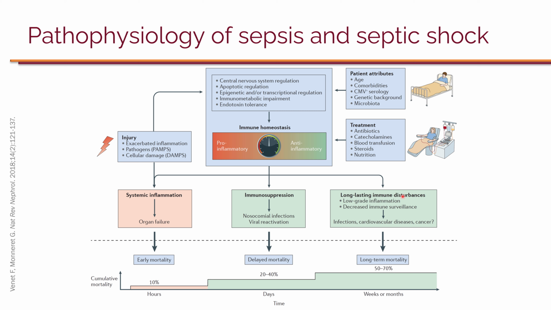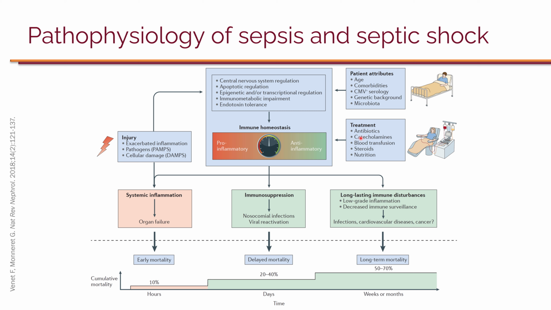And again, every individual responds differently, because there are many factors that determine how a single individual responds to infections. So, for example, age has a factor, comorbidities, if the people have other viruses in their body, how good their microbiota is, and of course the treatment. Did they get the right treatment?